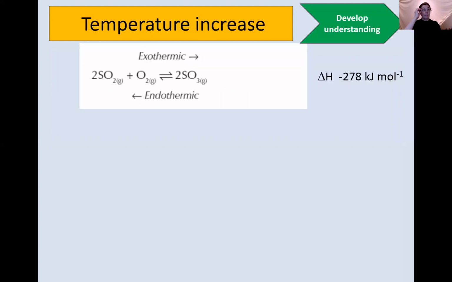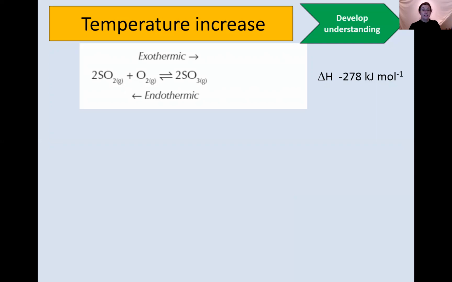So here's an example. This is sulfur dioxide reacting with oxygen to create sulfur trioxide. Now it's exothermic in the forward direction, which means it has to be endothermic in the reverse direction. How do we know that?